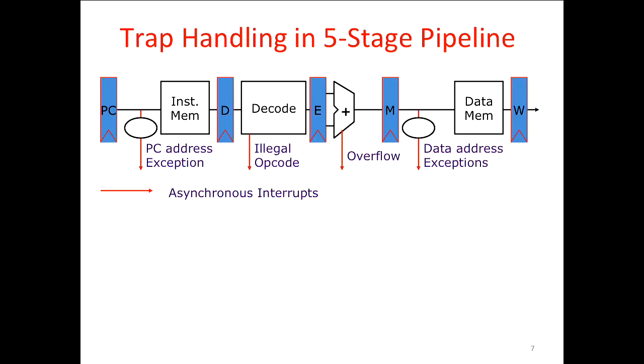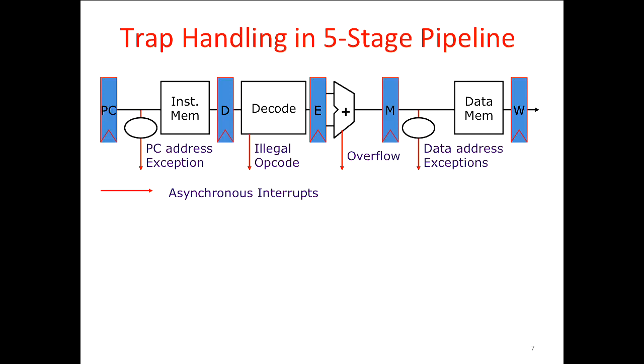If it is legal, when I go into the instruction memory, I may fetch an instruction and find out, wow, this is not a valid instruction. This is an illegal opcode. You shouldn't be trying to run this code. So you want the machine to report an illegal opcode exception. Or in MIPS, you'll see that the add instruction actually causes an overflow exception if the integers overflow the 32 bits. And so in the ALU stage, the execute stage, you might get an overflow exception. Okay?